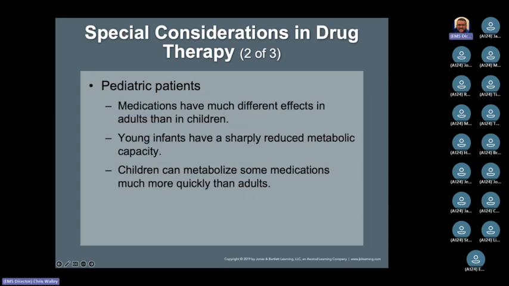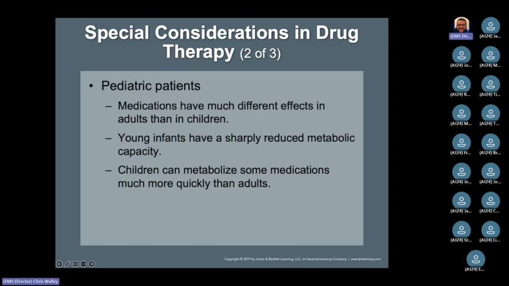All right. Now, obviously, when we talk about pediatric patients, we know that they're going to have a lot of different effects versus an adult, so we have to be very careful about that. Young infants do have sharply reduced metabolic capacity. They're not able to break down that medication as well as we are. Incomplete development of the gastrointestinal tract does slow the absorption of some oral medications, and it delays the elimination of that medicine.